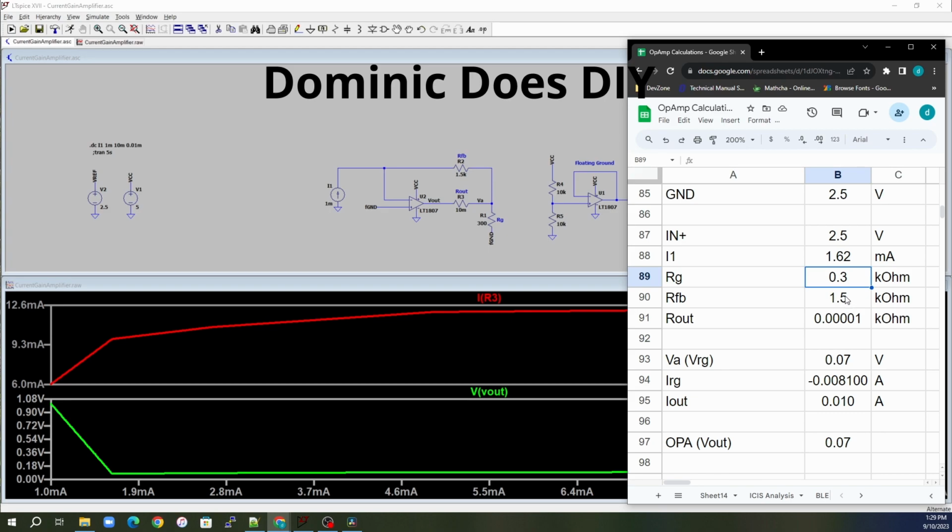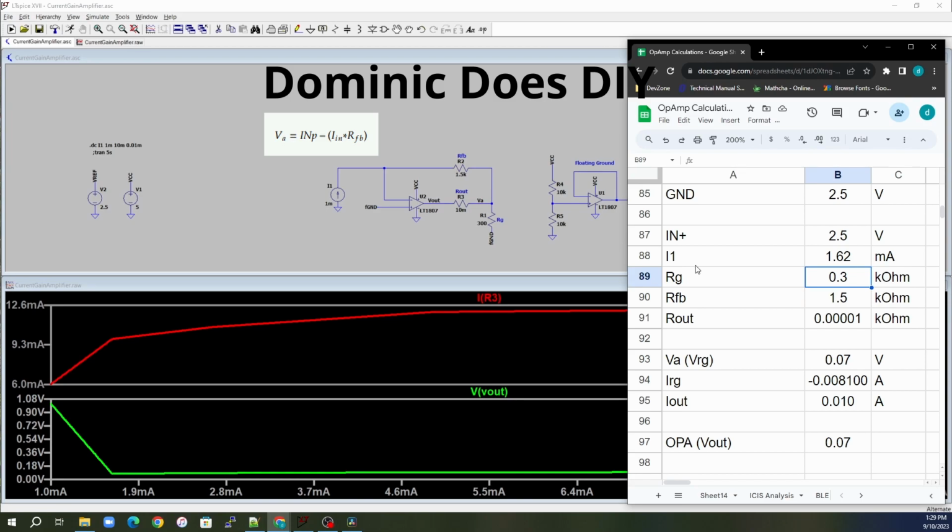Well, the other way to increase the ability of this system is, if we can't really adjust V out that much, well, we can adjust VA. How do we adjust VA? The VA formula, to get VA, it was just our input current times our feedback resistor.